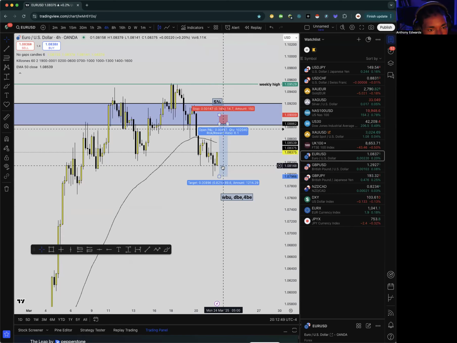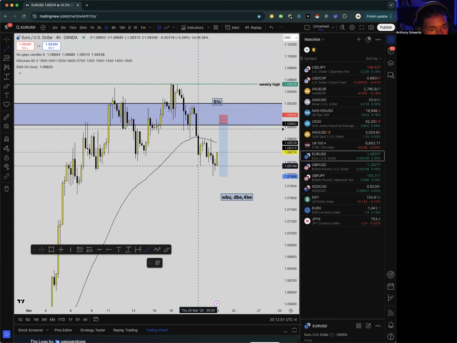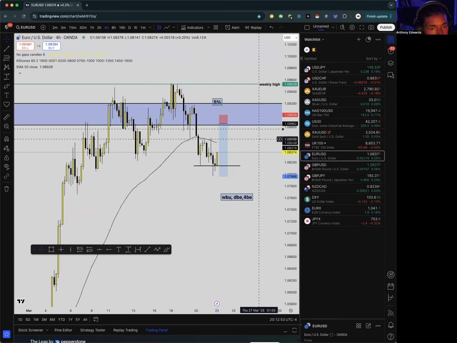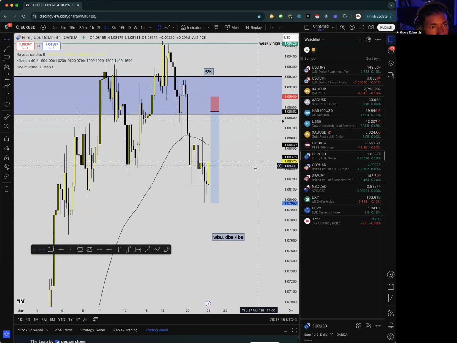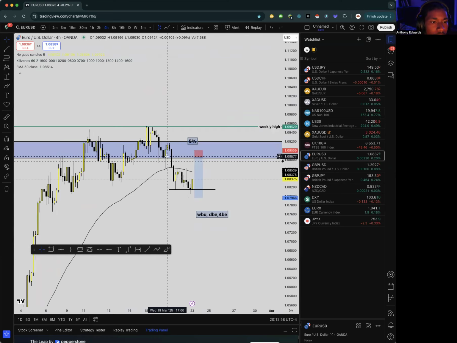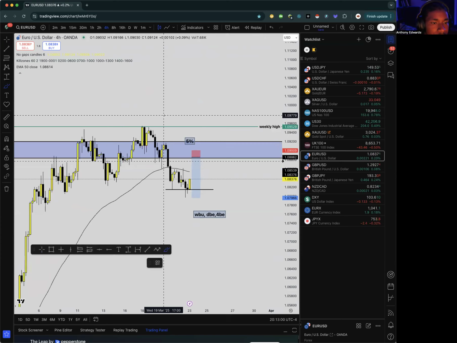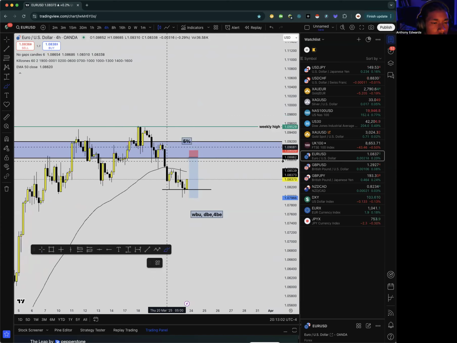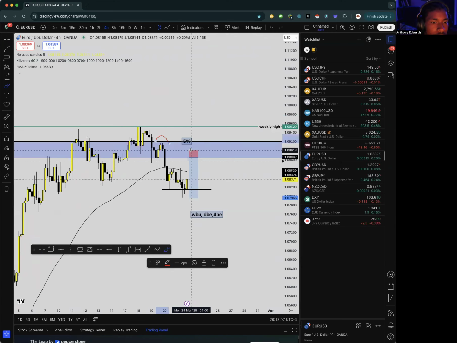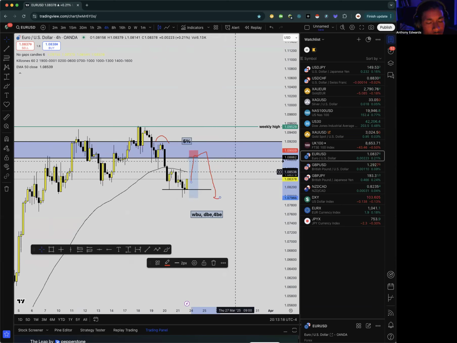Price never closed underneath this wick, which means that the 4 hour high is here. This is the 4 hour high. So price could come up into here and we could take the short. That's a 1 to 5, 1 to 6. Hopefully we get a 1 to 6 from this trade.